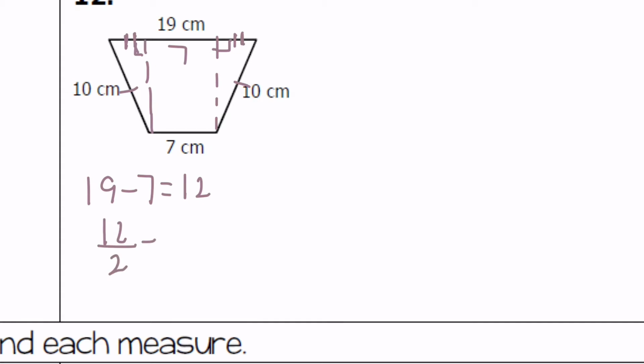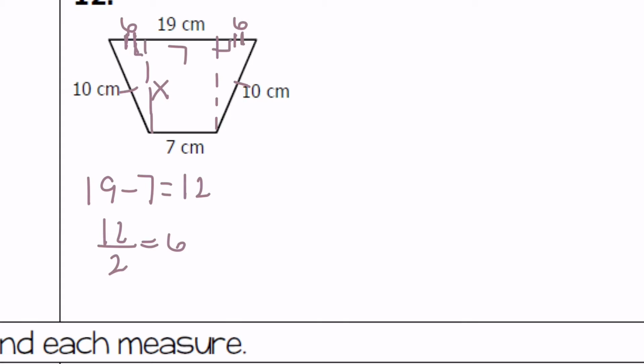And then divide by 2, which is going to give me the bases of both those little triangle pieces. That's going to allow me to find the height of my trapezoid.